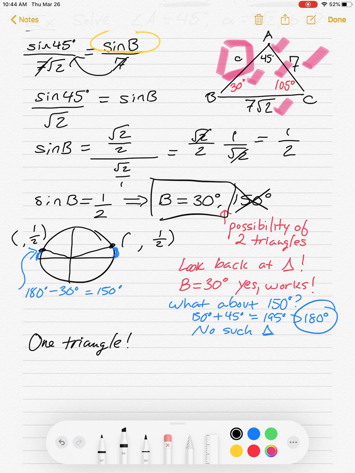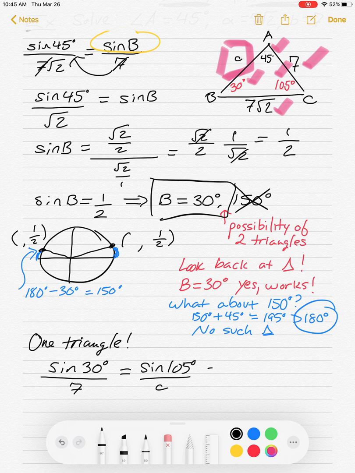So let's see what information I have that I can set up there. How about sine of 30 degrees over 7 is equal to sine of 105 degrees over C? So cross multiply.